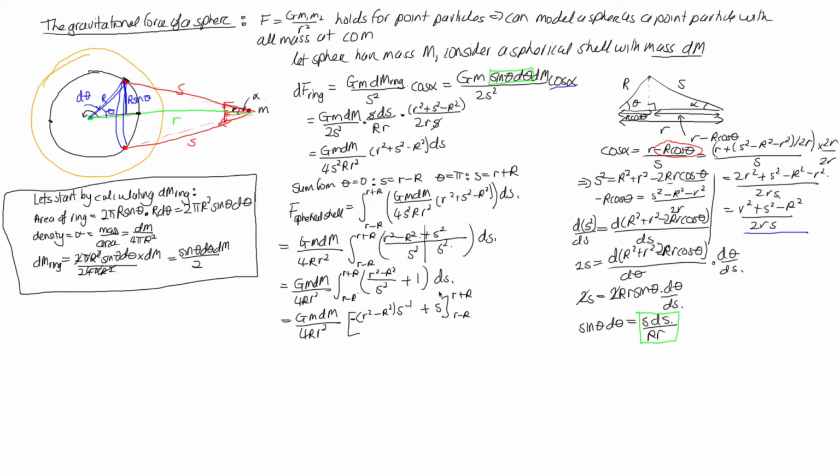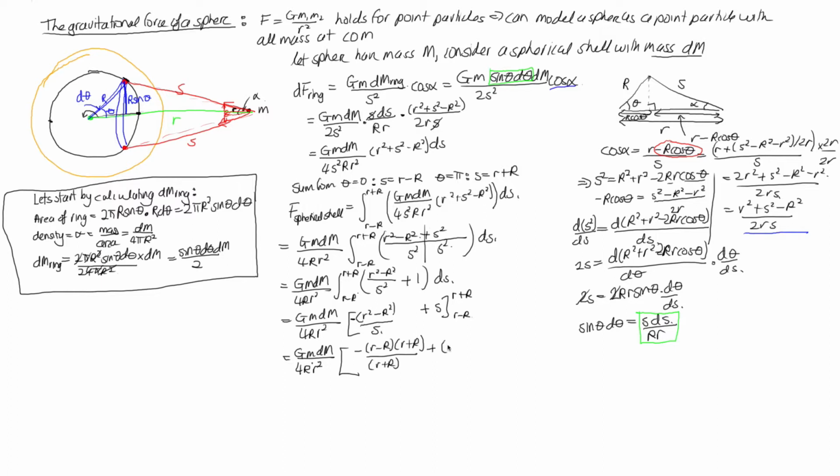And we know that we can write this, instead of s to the minus 1, as divided by s. So I'm going to write it that way now because that'll be a bit easier. Okay, so let's substitute in our limits now. Let's expand this bracket as (r minus R)(r plus R), and then I'm substituting in R plus r for my s on the bottom.